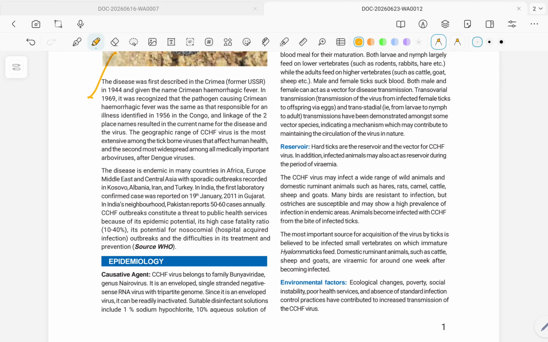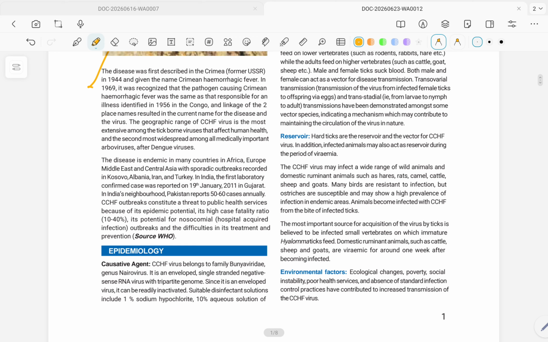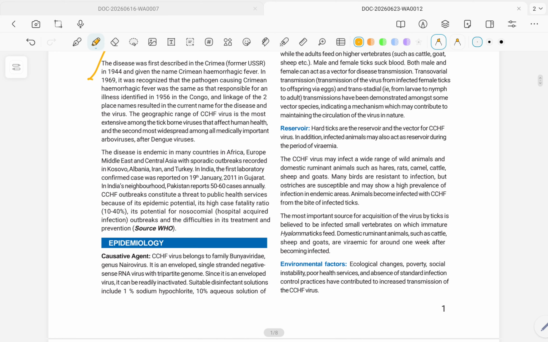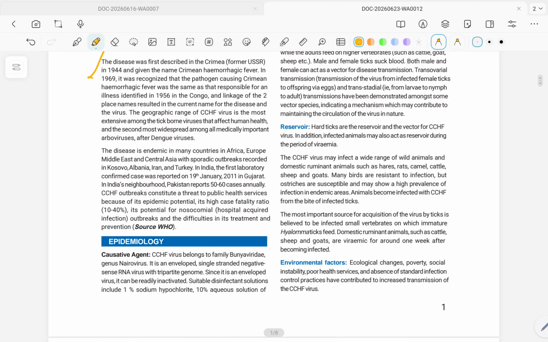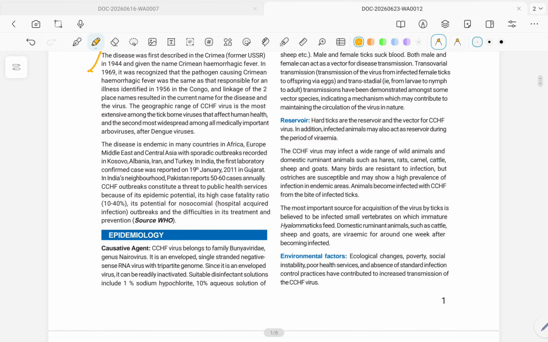The geographic range of CCHF virus is the most extensive among the tick-borne viruses that affect human health and the second most widespread among all medically important arboviruses after dengue virus.